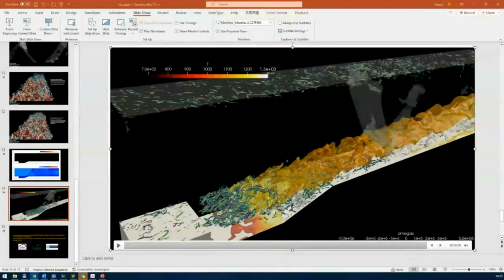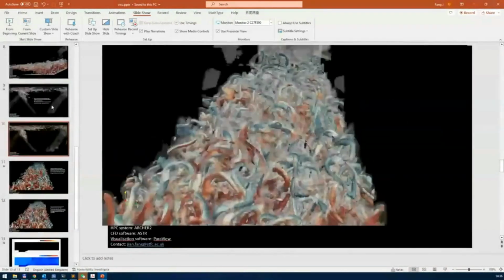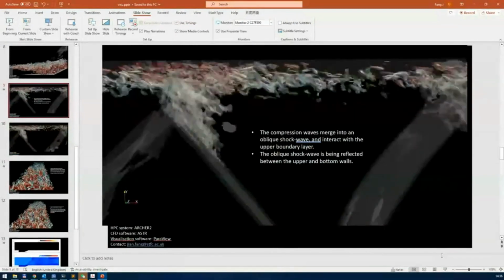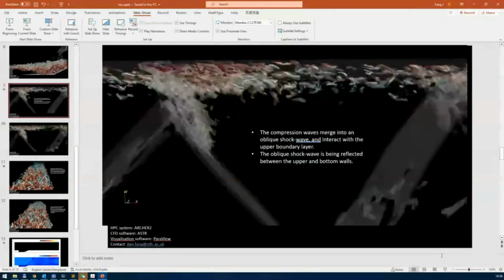Exactly. I'd say it's a different thing, because the diamond shock wave arises when the jet exits to the atmosphere and there's an imbalance between the pressures, so the shock bounces back and forth between the edge of the jet and the atmosphere. But for this one, the shock wave is bouncing back between the two walls, so it's a bit different, but aerodynamically they have some similarities.